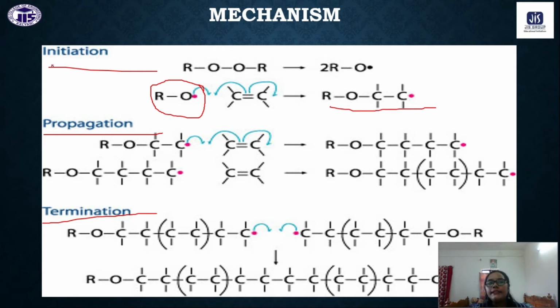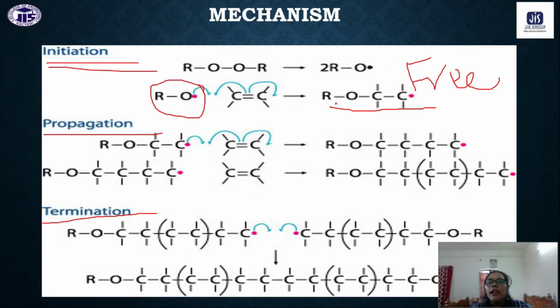That means the chain initiation first of all takes place with the help of a free radical, RO dot, that will attack the double bond of the ethylene moiety.